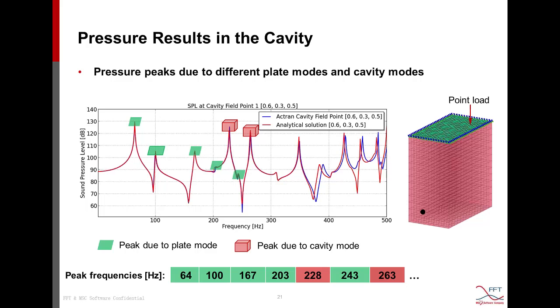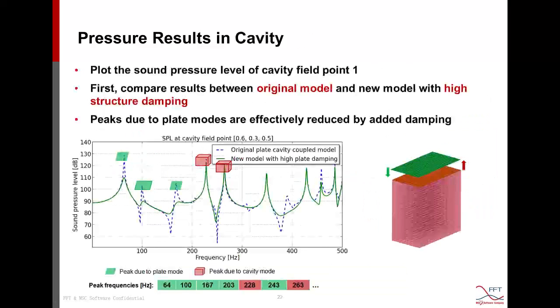By calculating the modes of the plate and cavity, we could say that the peak at 64 Hertz is due to the plate mode, 100 Hertz due to the plate mode, etc. And at 228 Hertz, it is due to the cavity mode.